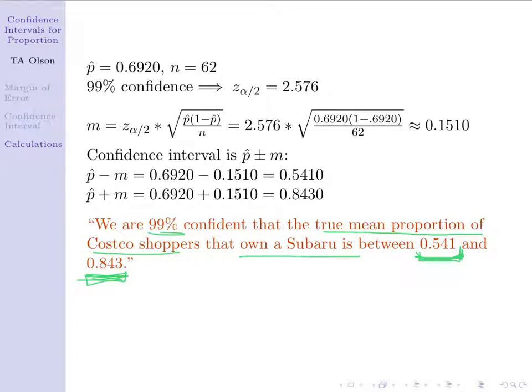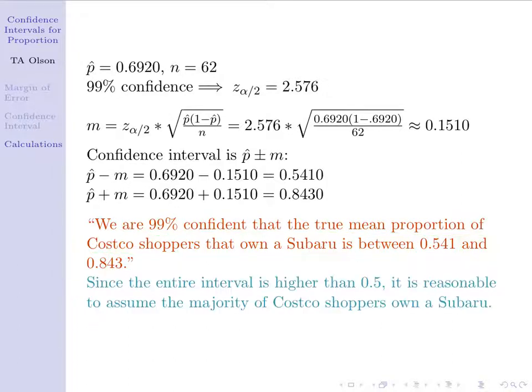If 0.5 is in there, we can't say much about the true majority. But in this case, since we have an entire interval that's greater than 0.5, right, the bottom is 0.541. It's reasonable to assume using this data that the majority of Costco shoppers own a Subaru. Okay? Whether or not that's a real assumption is entirely different, but based on this data, that is a reasonable assumption to make.